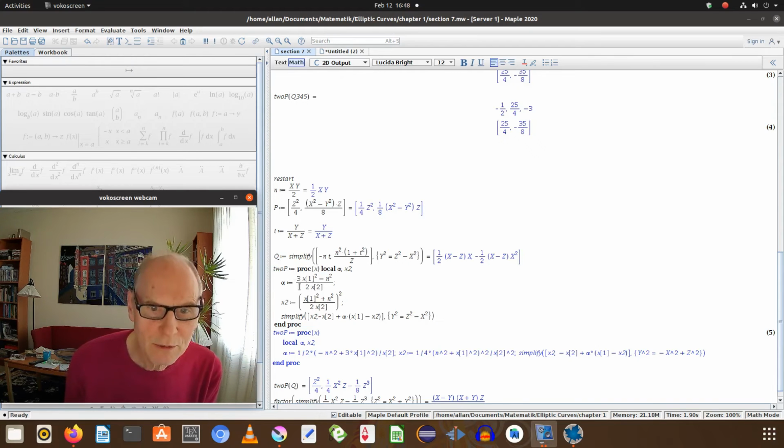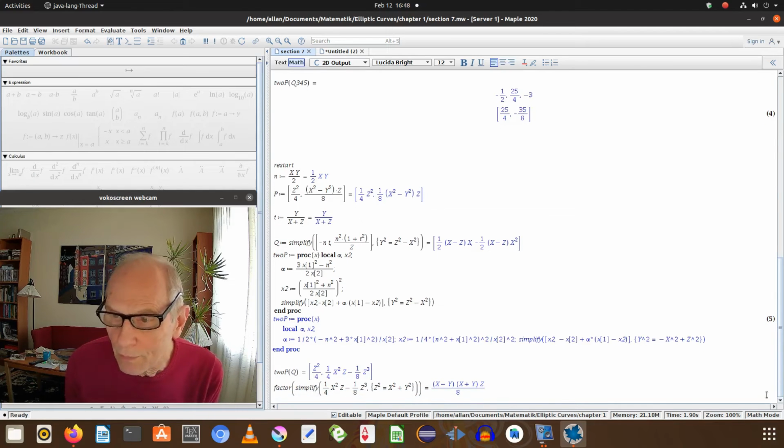Then 2p, and then simplifying with respect to Pythagoras' theorem, eliminating y squared. And that gives this result, and then I use Pythagoras' theorem again and factor it.